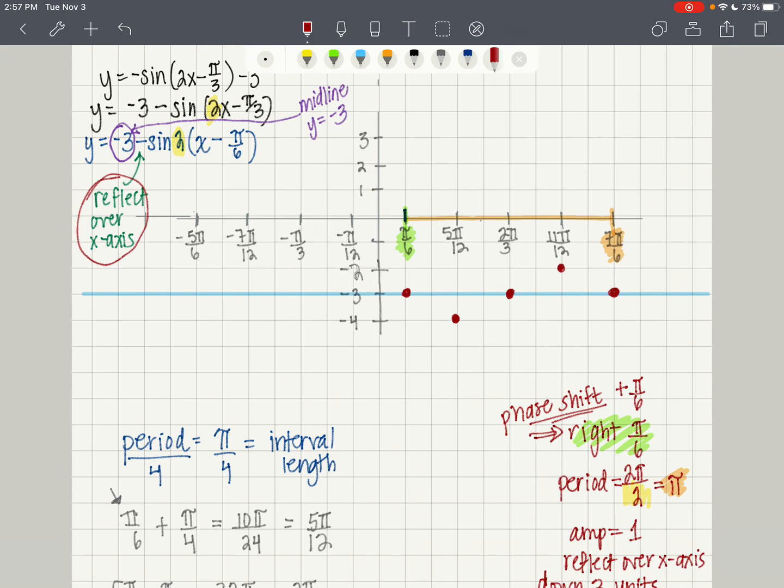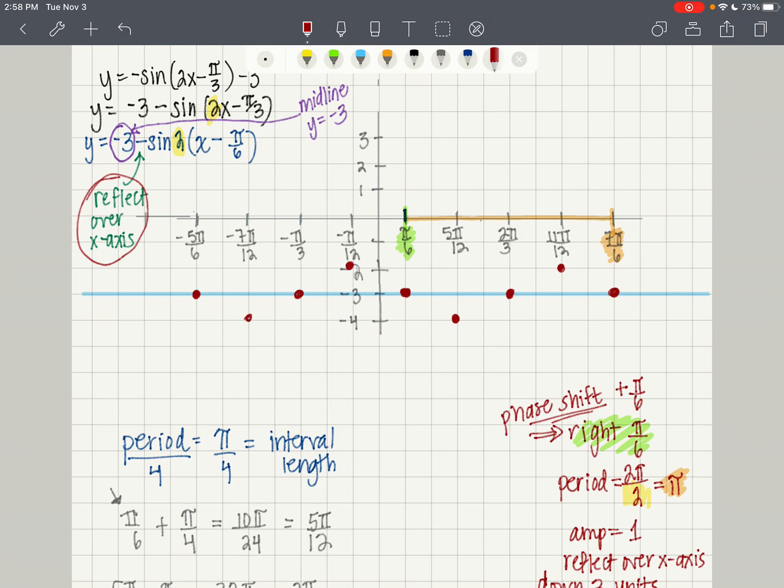We're going to continue that to the left. So we're going to start at pi over 6 and go 1 pi distance to the left, and be at the midline. Halfway between the dots at pi over 6 and negative pi over 3, where x is equal to negative pi over 12, we'll be at a max.